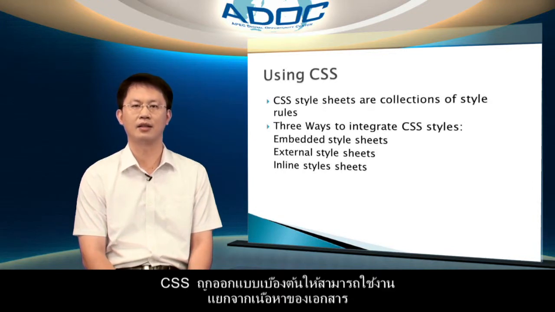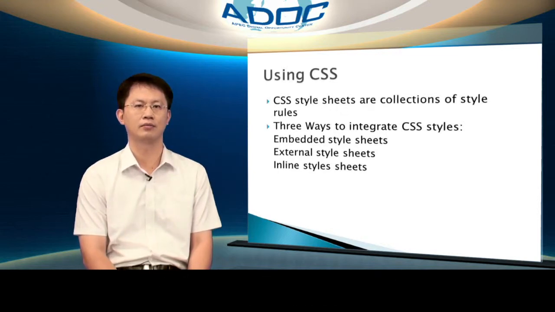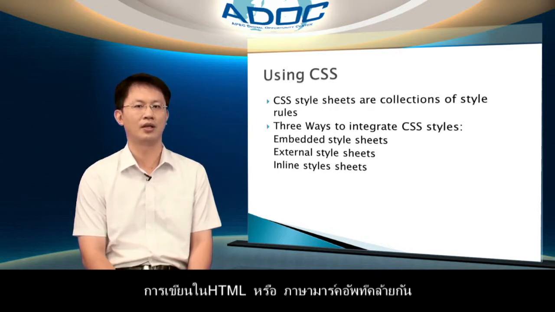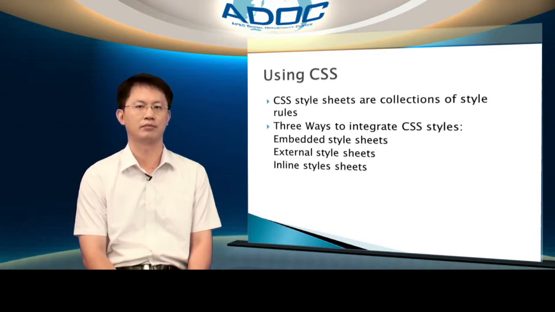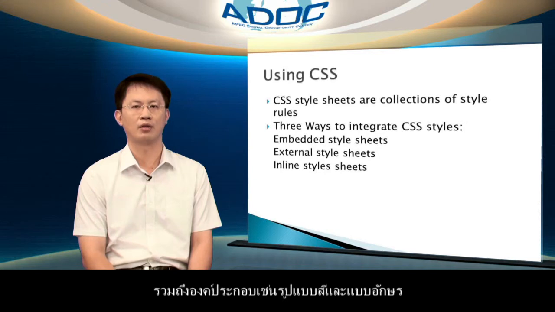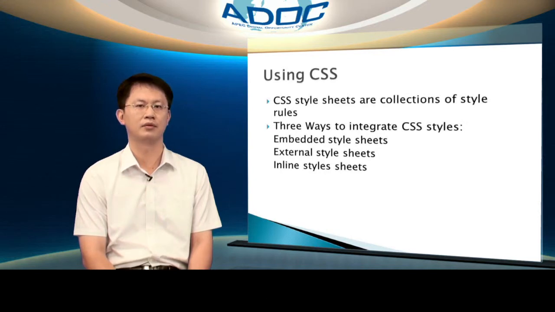CSS is designed primarily to enable the separation of document content written in HTML or a similar markup language from document presentation, including elements such as the layout, colors, and fonts.